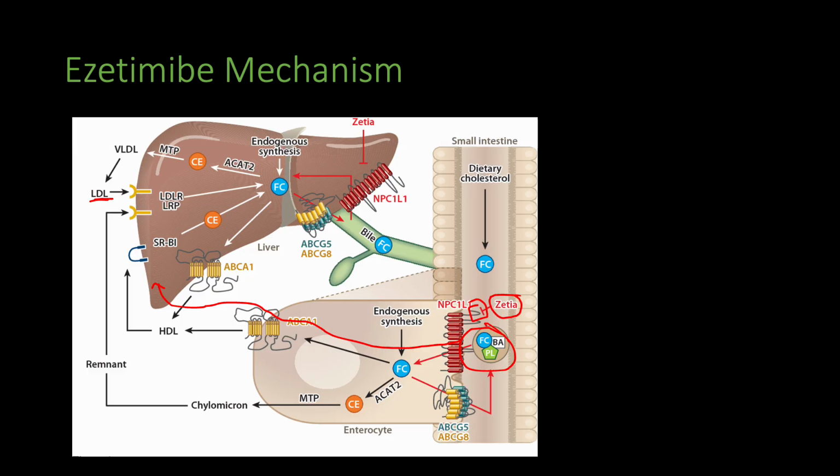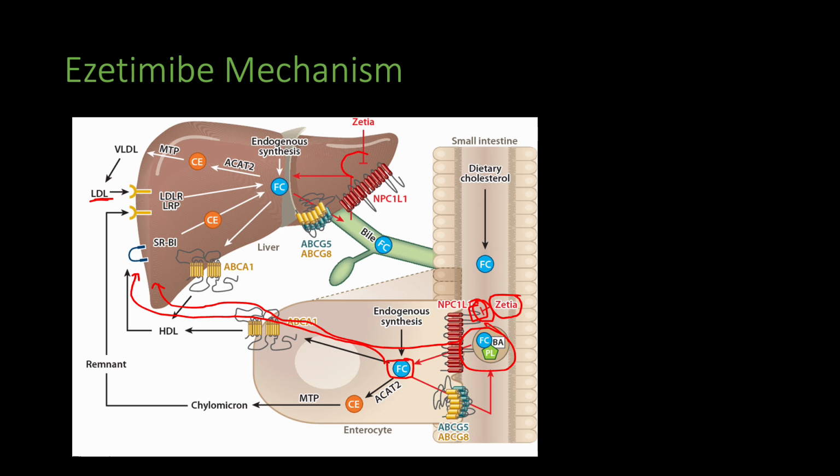And you can see here how this dietary cholesterol is going straight through, straight back to the liver. So this transporter is just blocked so it can prevent that from occurring. I just want you to get an idea of how this is working in the process.